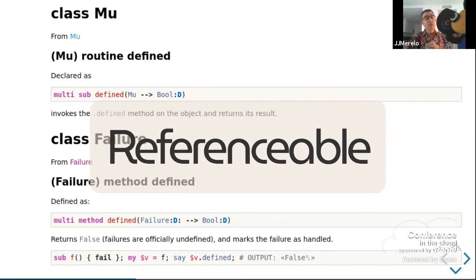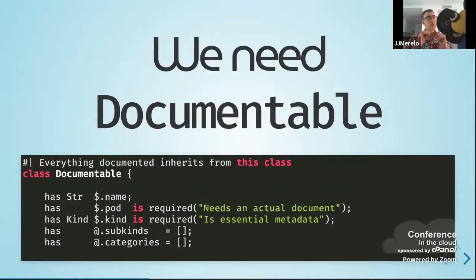So what do we need? We need something which is called Documentable. Documentable is a tool, and it's also a Raku library. It was mainly the work of Antonio Gámiz, who was a Google Summer of Code alumnus last year. But as a matter of fact, it put together many things that were already there.